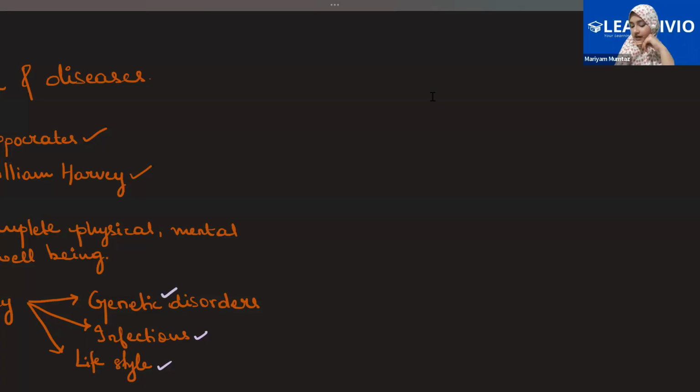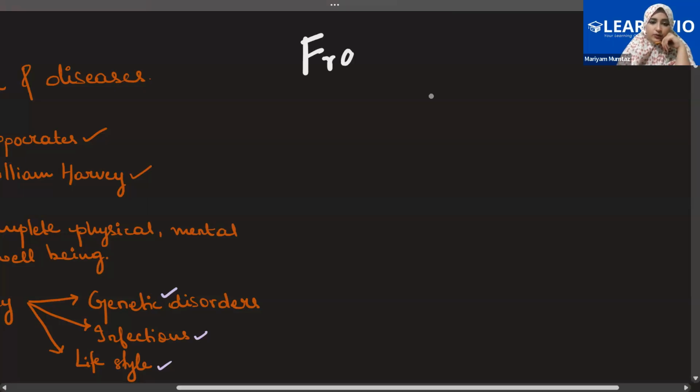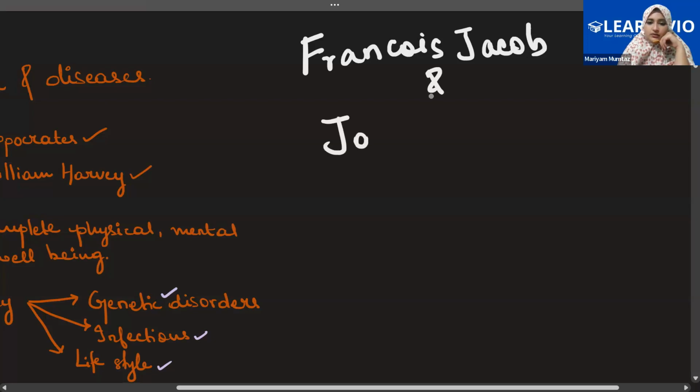First, you write down who discovered or who gave the lac operon system. So you write down their names. It was Jacob and Monod: Francois Jacob and Jacques Monod.